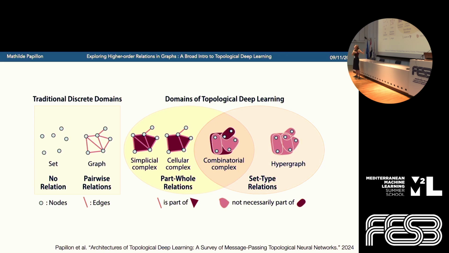Which is where the belle of the ball, the combinatorial complex, comes in. This is algebraic topologists' bread and butter. It is the most flexible domain that incorporates both set-type relationships and part-whole relationships. You can truly go crazy in this domain. You can call anything a face. You can call anything a hyperedge.